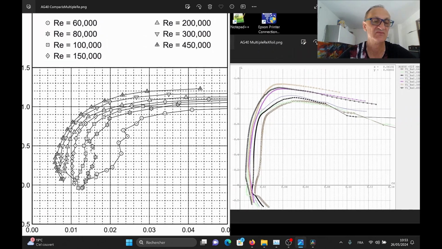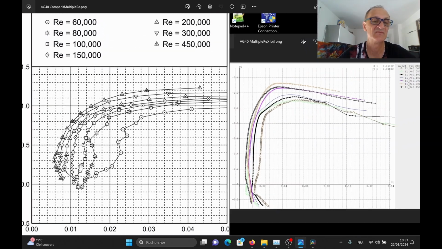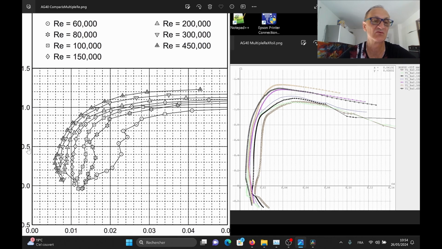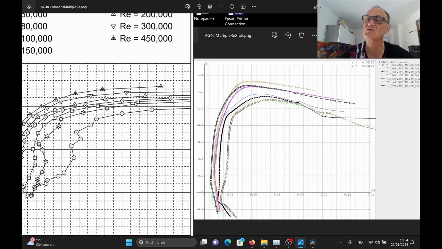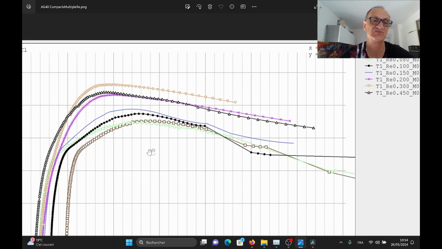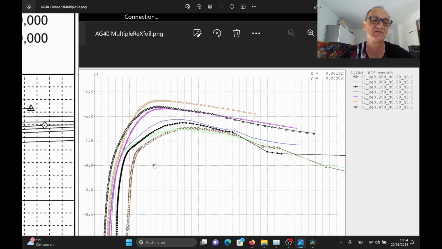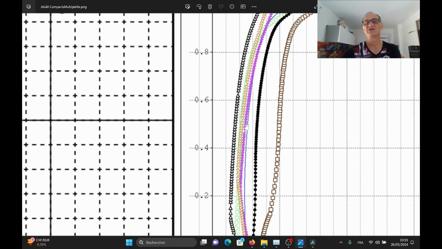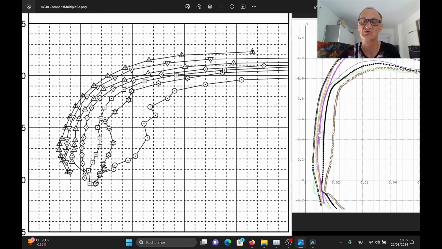So the value here is 0.011 for a lift of 0.5 on the right in the Xfoil curve. This is the blue one, continuous, so this is this one here. So we have a value here around 0.01. So the drag is underestimated, probably by 8 or 10%.